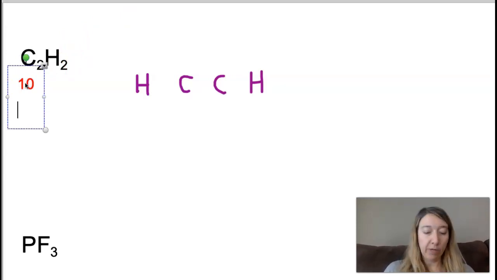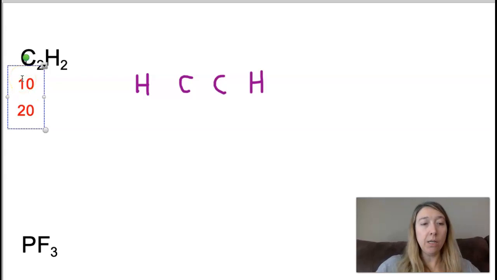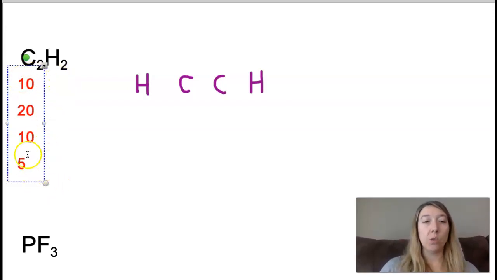If we wanted to give everything a full valence shell, we have 2 carbons wanting 8 and 2 hydrogens wanting 2. So we would need 20, which means we have 10 bonding electrons. So we need 5 bonds. So 1 bond, 2 bonds, 3 bonds.